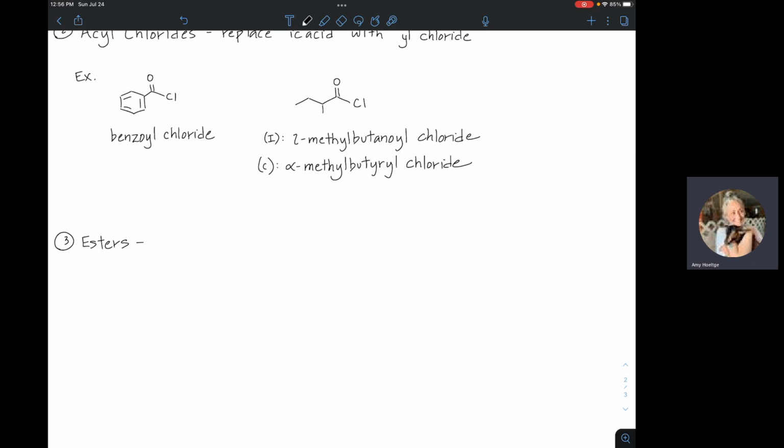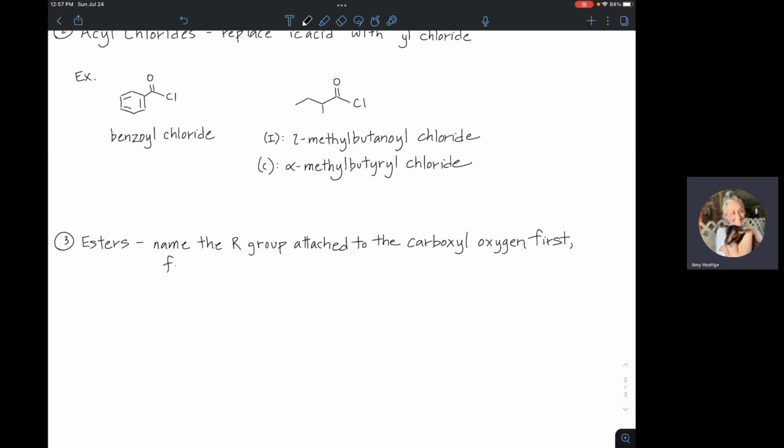So we're going to name, so this is where you're going to focus on the group, the alkyl group that is bonded to the carboxyl oxygen. So you're going to name the R group, or in other words, the alkyl group that is attached to the carboxyl oxygen. And that's going to be the first part of the name.